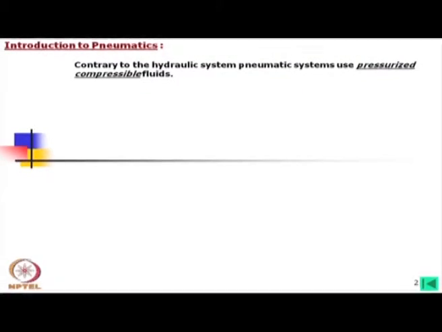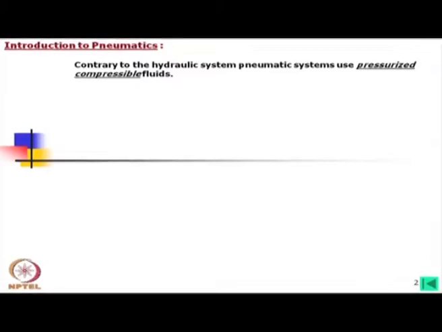But in the case of compressible fluids, air or gas, what happens? The fluid after utilization is exhausted to the atmosphere, and in that way the pressure of the fluid reduces. So, it is not that suitable for a constant pressure system. Also, it is not suitable for very high power.